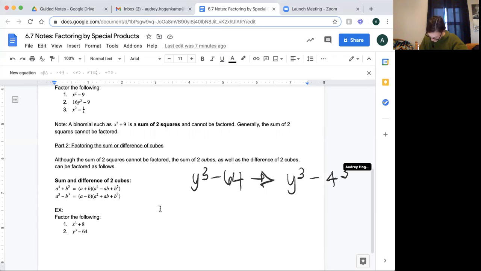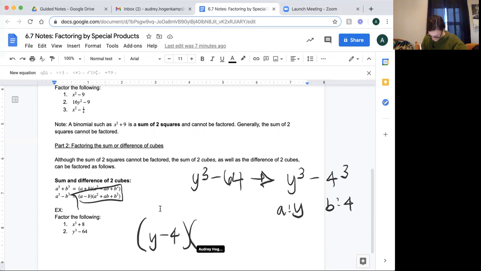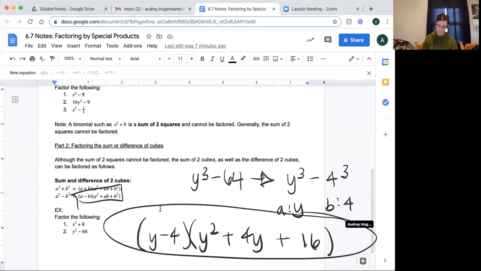And then we see a is y, b is 4, and we know this will factor to a minus b, so y minus 4, times a squared, y squared, plus ab, 4y, plus b squared, 4 times 4 is 16. So this will factor to y minus 4 times y squared plus 4y plus 16.